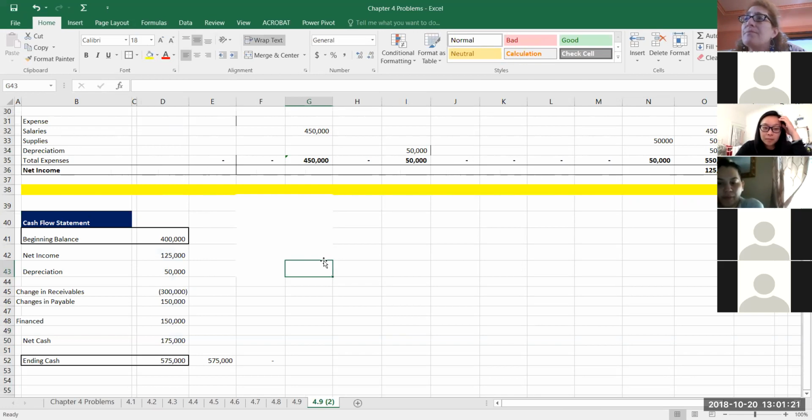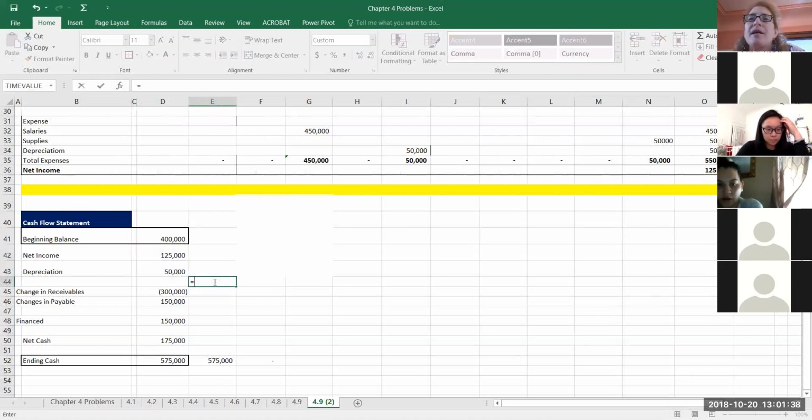Yeah, and I think you should continue to play around with it a little bit. The cash flow is a little tricky because you've got three different areas on the cash flow. You've got your net income and your depreciation, which gives you your net operating results, which sometimes you can just put as a net number.